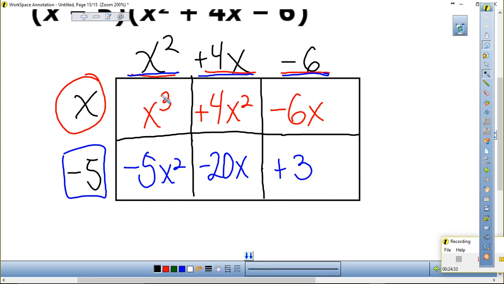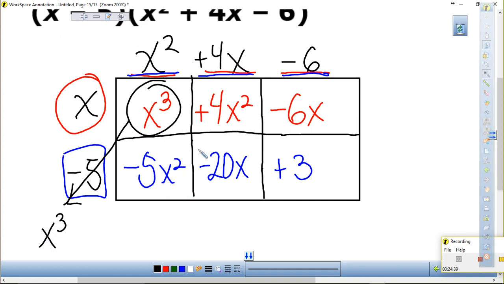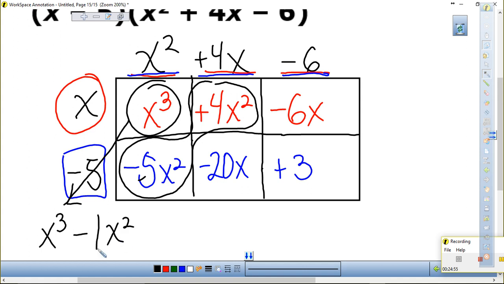All right. Now check this out. Look up, please. I'm going to start with this first one. This one goes first always. So we're going to write what? X cubed. Now check this out. I want you to draw the peanut first for these two. So what is negative 5x squared and positive 4x squared? X squared. And it's a negative. Negative x squared, or negative 1x squared. I'm going to show it right there.